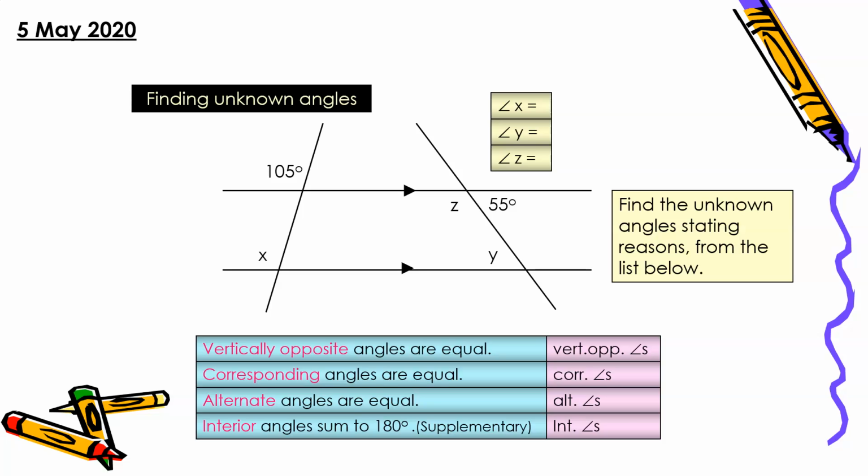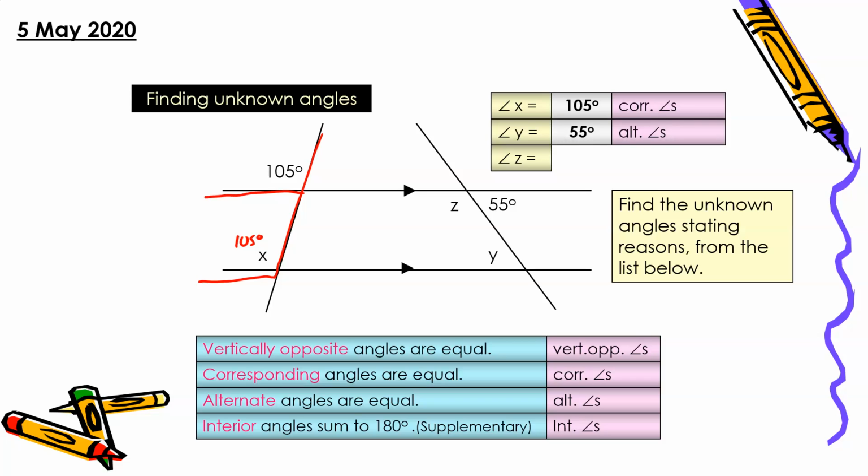If we take a look at another example. So here, again, following the pattern, X, hopefully we can work out that X is 105 degrees, and that's because it makes that F shape.